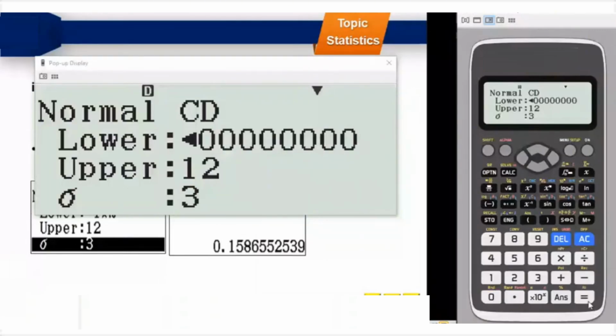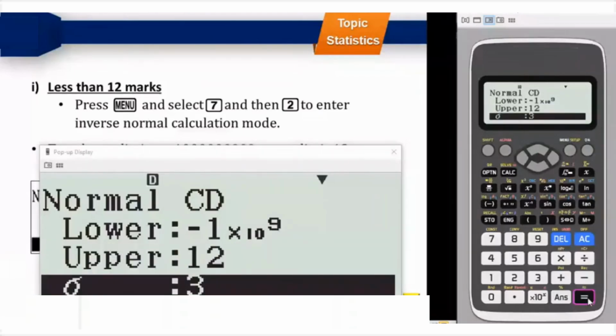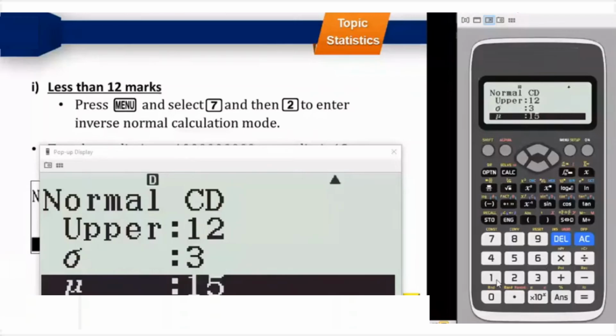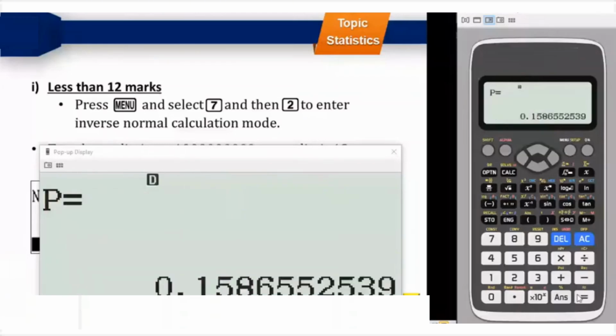The question says less than 12 marks, so upper value is 12. Then the calculator is asking for standard deviation. The question says standard deviation is 3. Then the calculator is asking for mean. The question says mean is 15. And I will press equals to, and I get the desired answer. I hope this is clear.